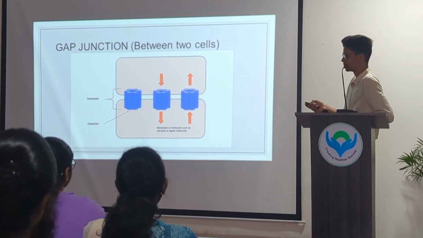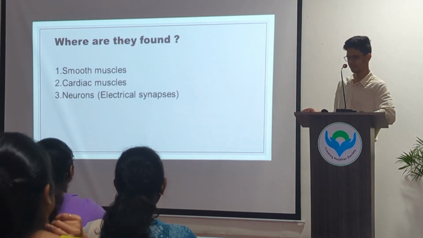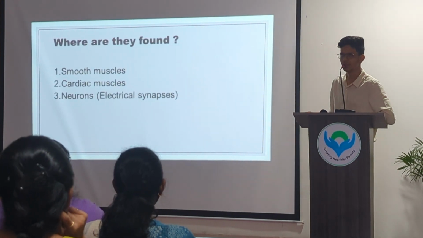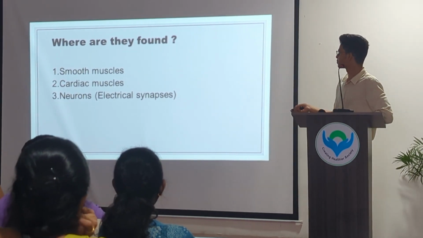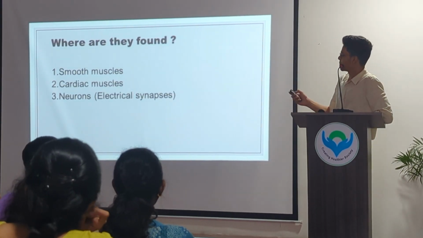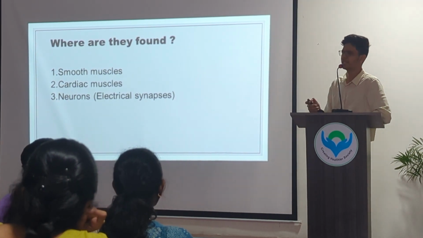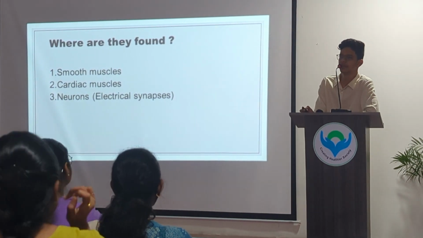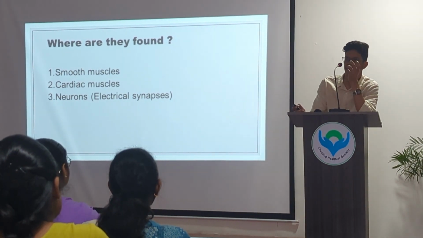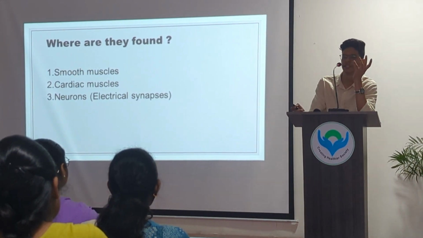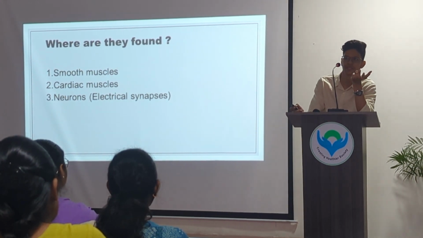So here is a bigger picture of that. Basically they are mainly found in places where excitability and contraction are required. Can you imagine any places where there is a need of excitation or contraction?